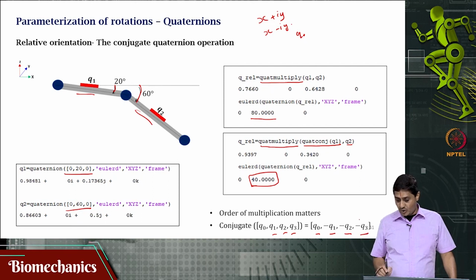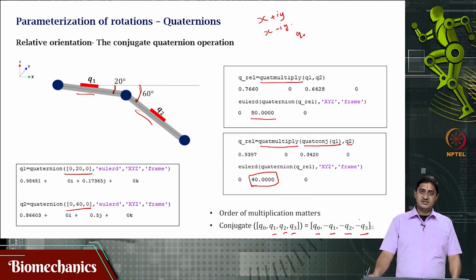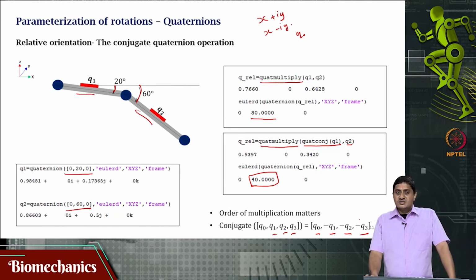Why? Because the only real part is q naught; q1, q2, q3 are all imaginary parts. So if I use complex conjugates and multiply using quat multiply, I will find the relative orientation between two segments.